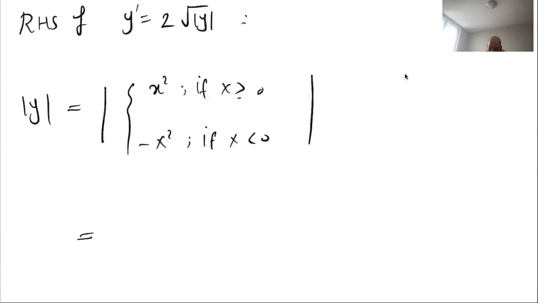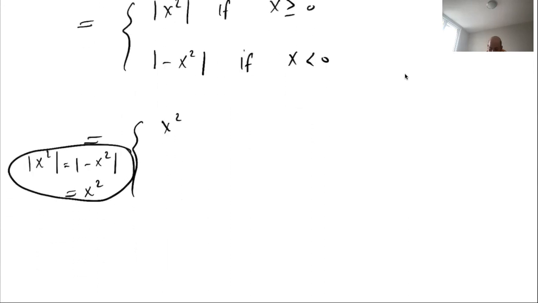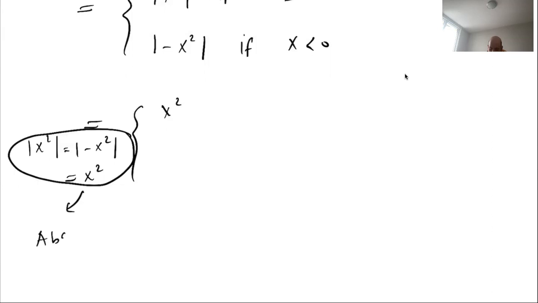And we can write this as absolute value of x squared if x is bigger than or equal to 0, absolute value of minus x squared if x is less than 0. The absolute value of x squared, according to absolute value properties, is the same as x squared. And the absolute value of minus x squared is also x squared. These are absolute value properties, because x squared is already non-negative, so the absolute value of x squared is x squared.